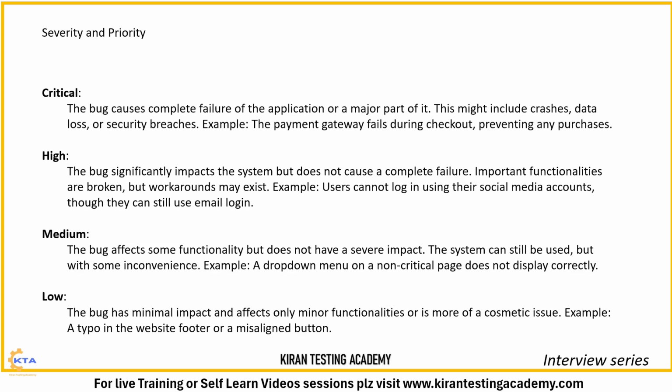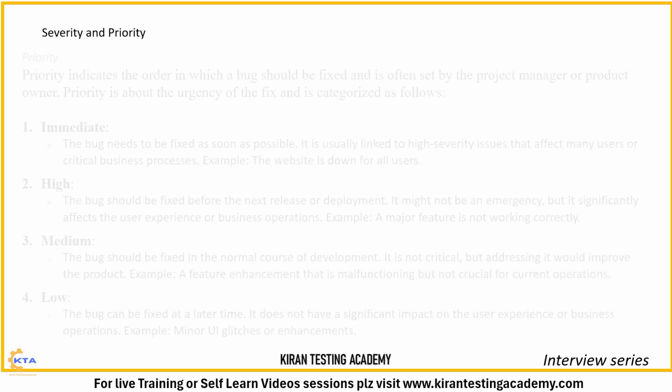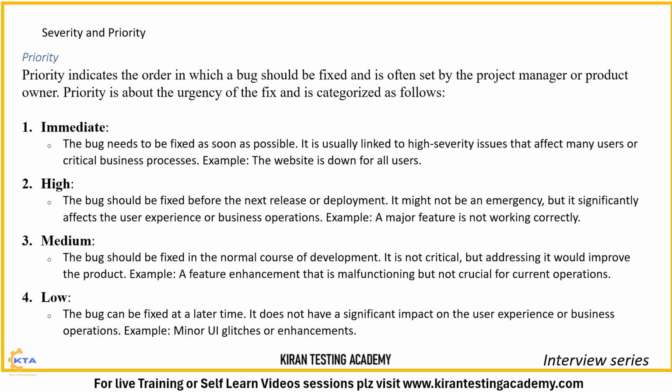Next, and very important, is priority. Priority is an indicator to the developer of when a bug should get fixed. A very simple example: assume the developer has multiple bugs in his pipeline, three high priority bugs and a few low priority bugs.